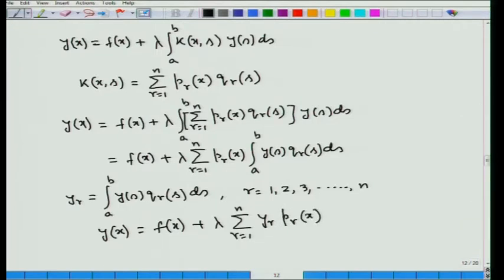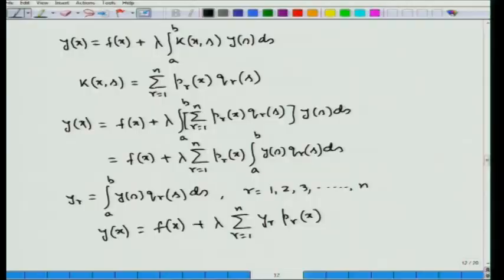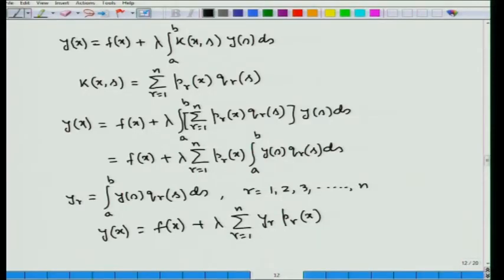Now you can see that if somehow we are able to calculate the scalar quantities y_r, where r ranges from 1 to n, then immediately we will have the solution to this problem, because y(x) = f(x) + lambda times sigma r running from 1 to n y_r p_r(x).